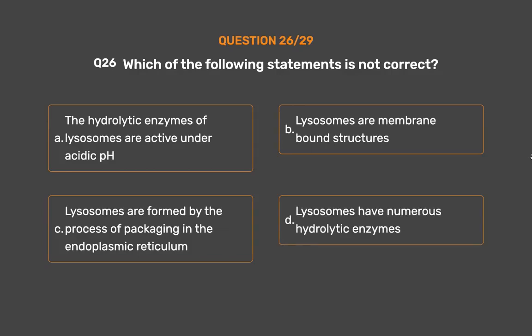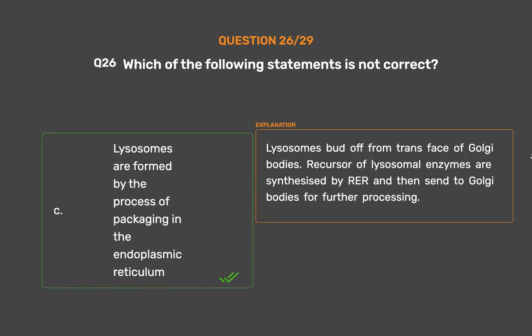Option D, Lysosomes have numerous hydrolytic enzymes. The correct answer is Option C. Lysosomes bud off from the trans face of Golgi bodies. Precursors of lysosomal enzymes are synthesized by RER and then sent to Golgi bodies for further processing.